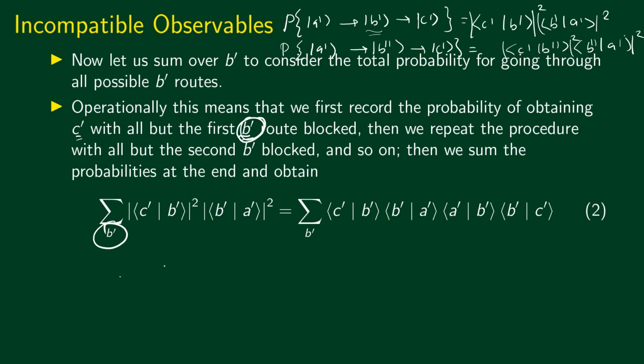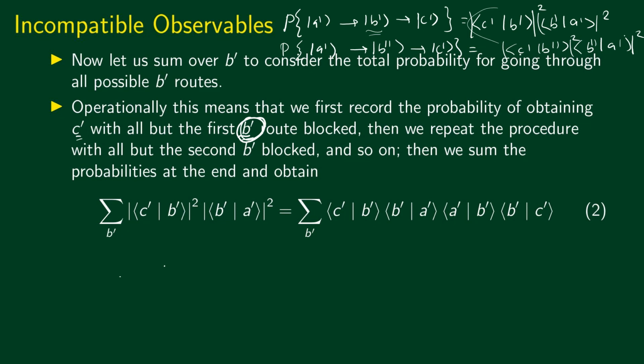This is the probability for reaching ket C prime through ket B prime. If I want the total probability, I take this probability and then add the probabilities for reaching ket C prime through all the different paths. Now I hope this expression is clear.